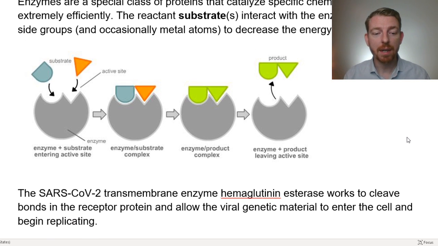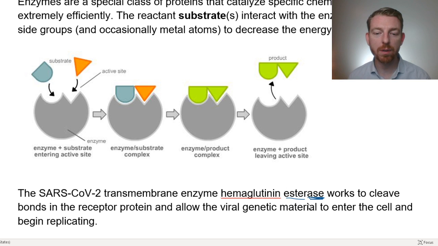So the SARS coronavirus 2 that we're dealing with right now in the spring of 2020 has a transmembrane enzyme embedded on its surface that's a hemagglutinin esterase. When we look at enzymes generally, it's going to have anything with an ase on the end. So if you hear about molecules or proteins that have an ase, so a polymerase or an esterase, this one in particular is going to break down an ester bond.